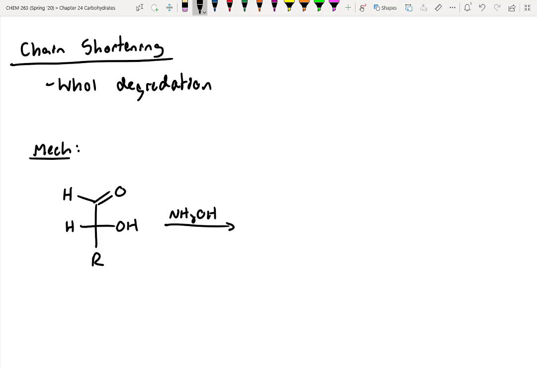If we think about which site's more nucleophilic, the nitrogen or the oxygen, it's important to remember that nitrogens are more nucleophilic than oxygen because they hold on to their lone pairs less tightly. So in this reaction, this nitrogen is going to act as the nucleophile, react with the aldehyde, and we're going to form an imine. I'm not going to do this full mechanism right now because we already did that a lot in our previous chapter on aldehydes.